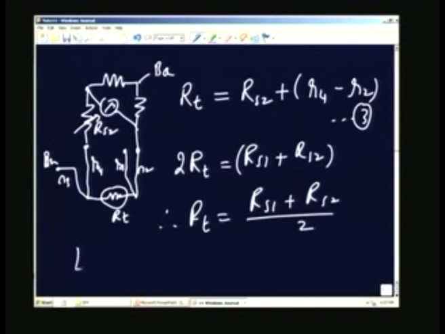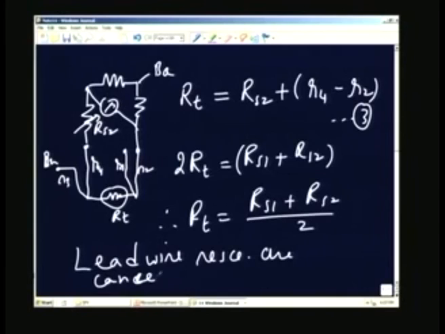That means that the lead wire resistances are compensated, cancelled out. So, the resistances of the lead wires are going to be compensated out. We will continue in the next lecture.